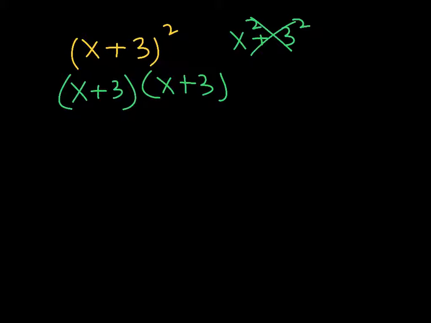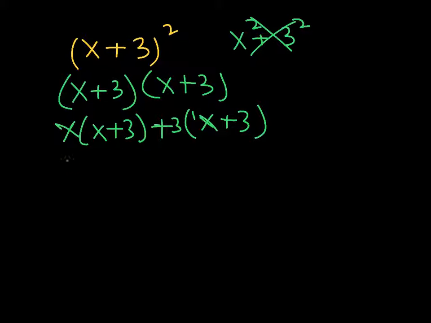So (x + 3) squared is (x + 3)(x + 3). Okay? So we do what we have always done to distribute the content of one of the brackets to the other bracket. So that's going to be x(x + 3), then plus 3(x + 3).